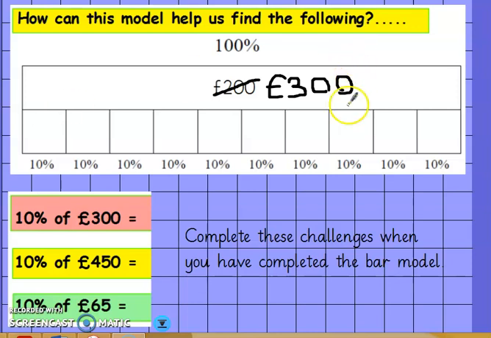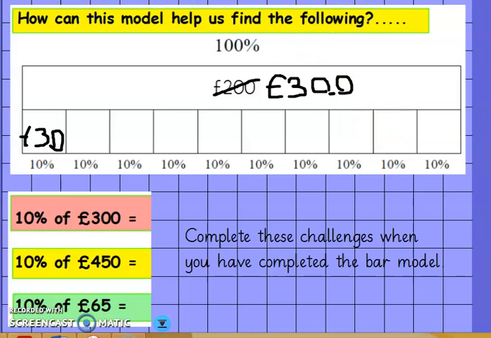You know that dividing by 10, if it's a number that has 2 zeros on it, then it would move one place to the right, which means your decimal point would go there. So it's £30, or you might have just been able to do that in your head. So that means 10% is £30. Again, you'd write it all the way across in your bar model to show that each of that is a part. That is £30, altogether £300.